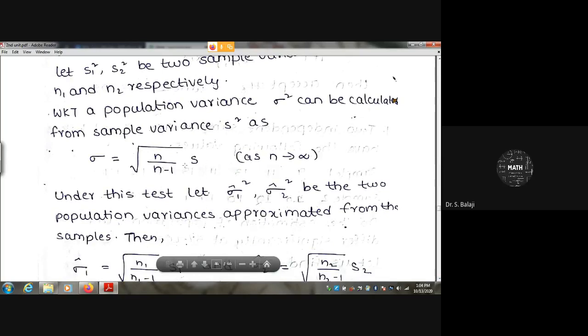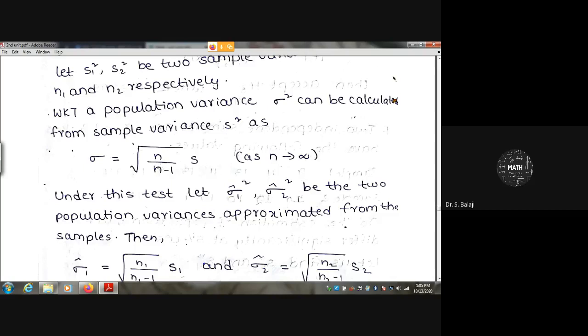As n tends to infinity, with the help of this relation, we can match the sample variance to the population variance. As n is large, the right hand side expression will coincide with the population variance.